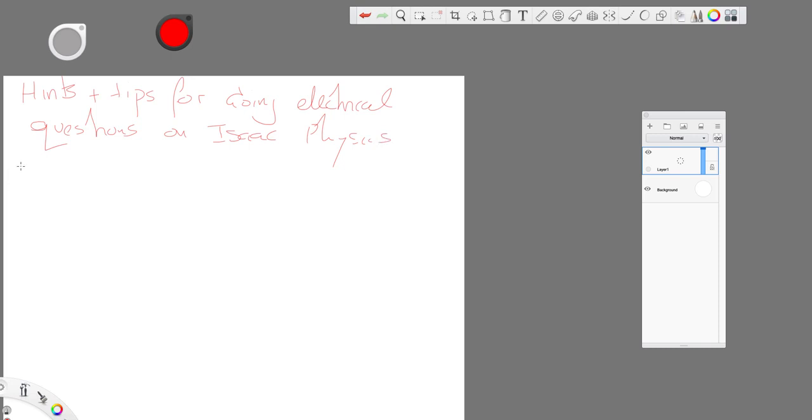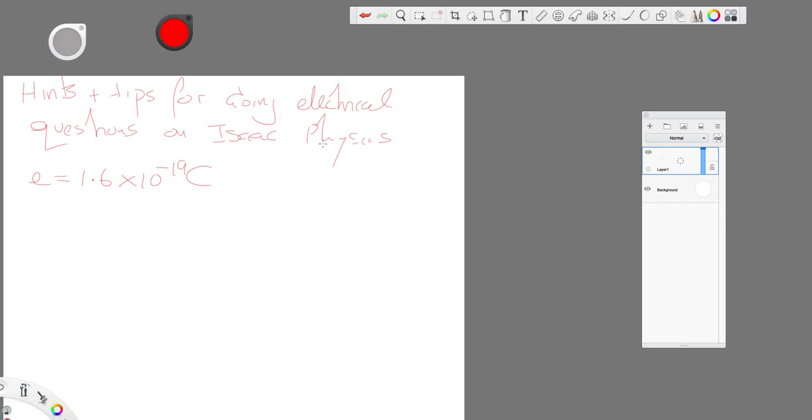The first thing I want to say is that Isaac Physics has a particular way of doing the charge on the electron. You don't need to know this number, but you're going to need to use it in these questions. 1.6 times 10 to the minus 19 coulombs. That's how you would write it normally.